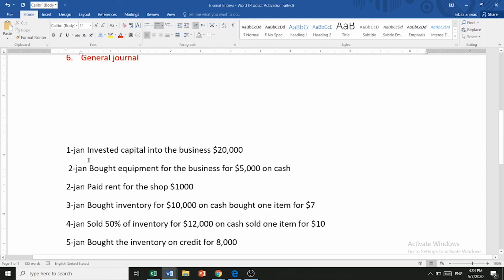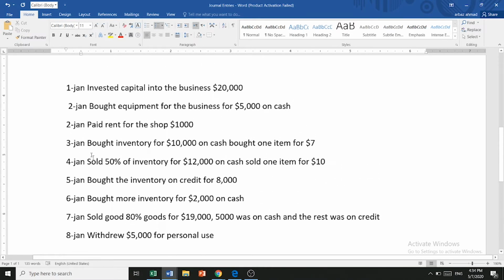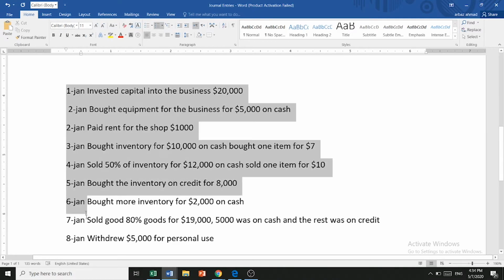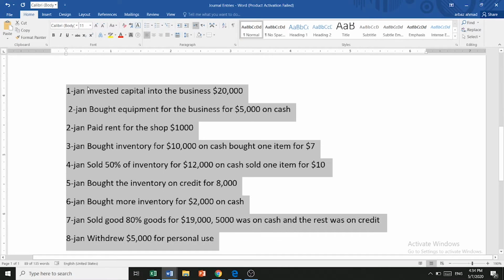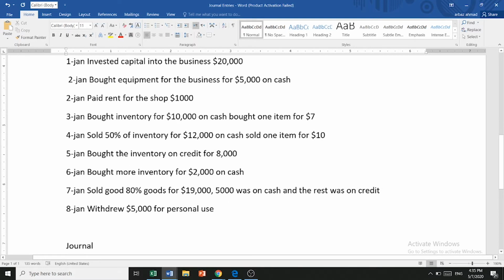So moving on to the entries, I have mentioned a couple of entries from 1st January. I have chosen the order in sequence so it's easier to understand. When we open a small business, usually we invest the capital into the business, then we buy equipment, then we pay rent, then we buy inventory, then we open the business for real, then we start selling the goods, then we buy more inventory, and we will have the opportunity to buy on credit also.